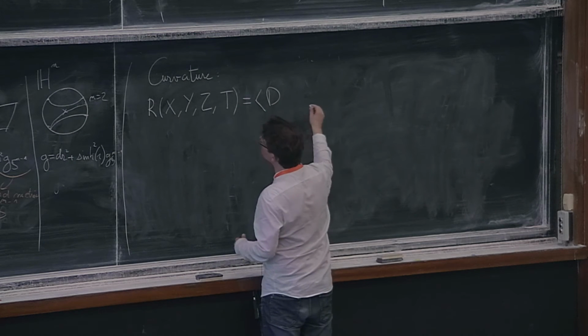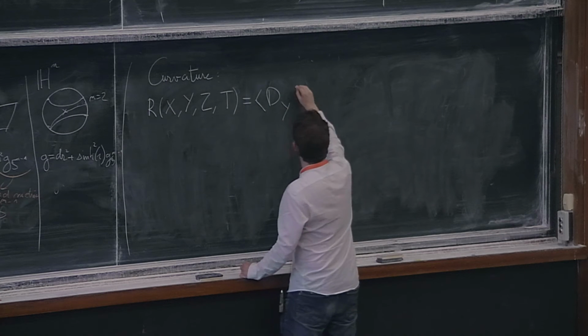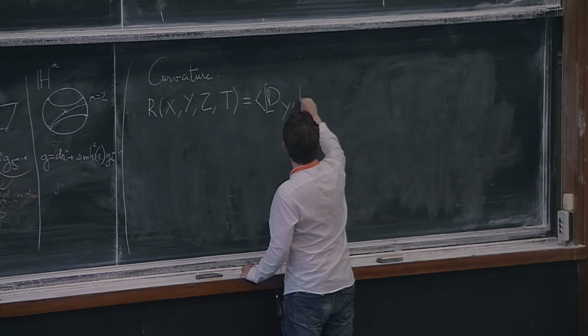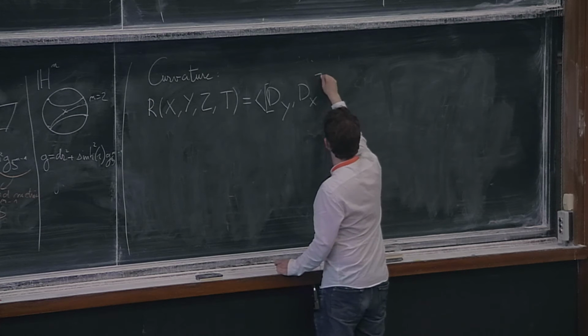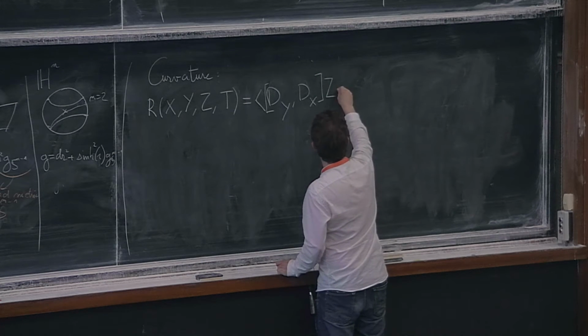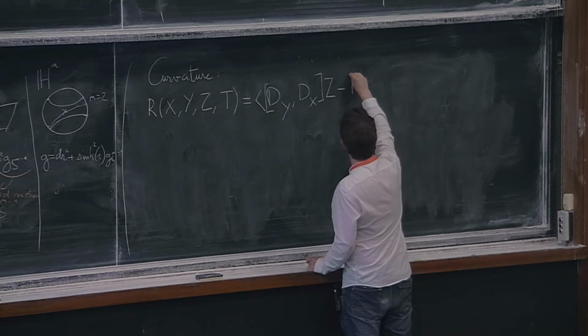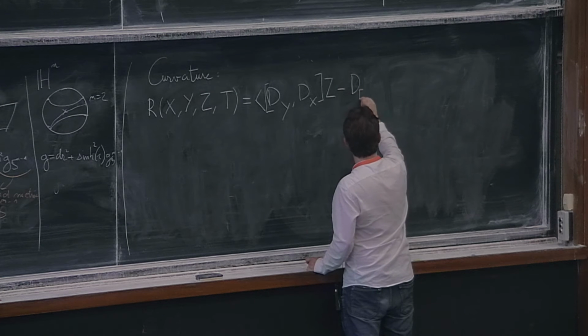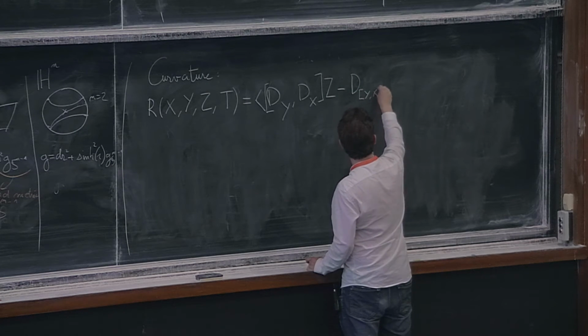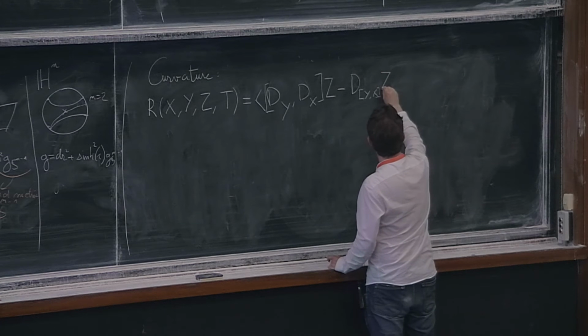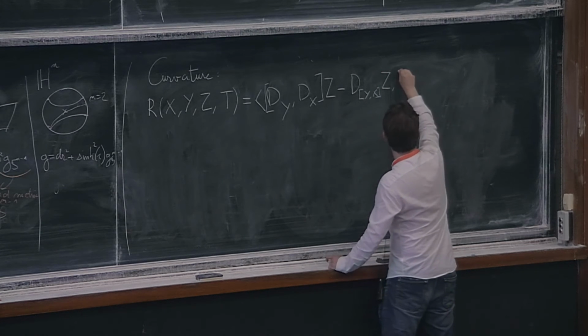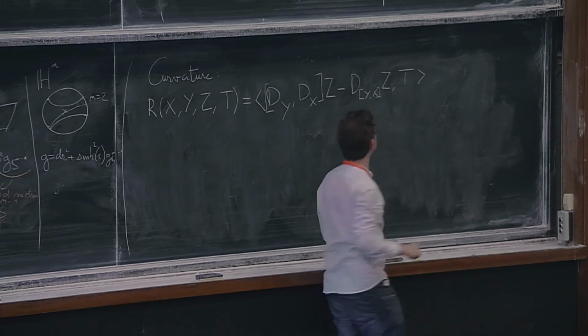So you take ∇_y ∇_x z minus ∇_x ∇_y z, and you take the inner product with t.